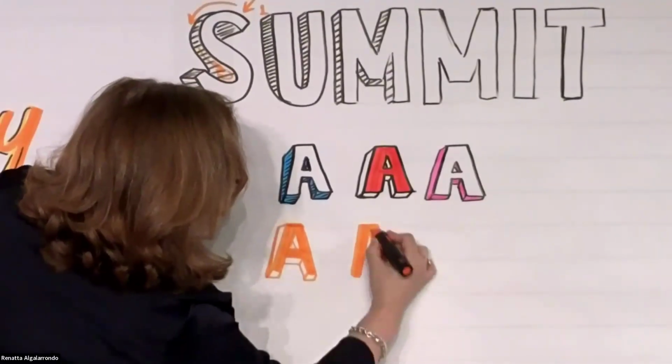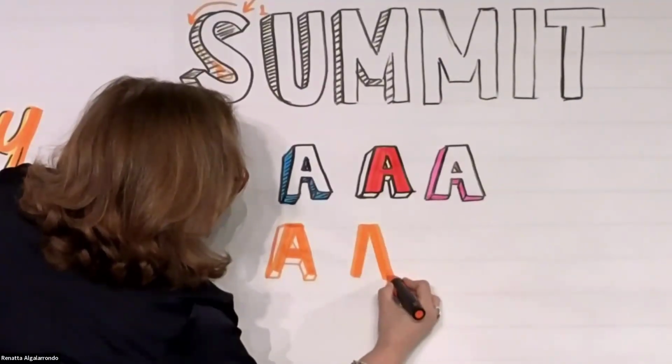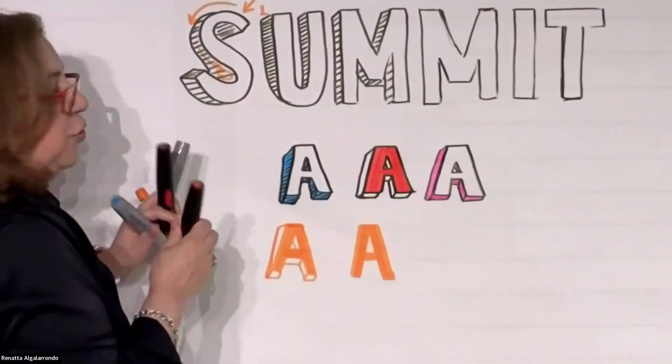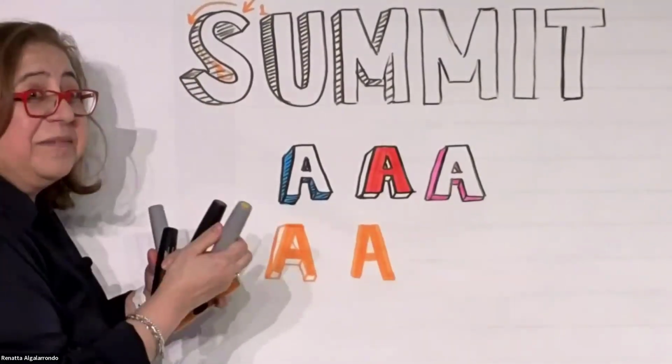The next one, we're going to do the letter with no outline. But the drop shadow is going to be in a different color.